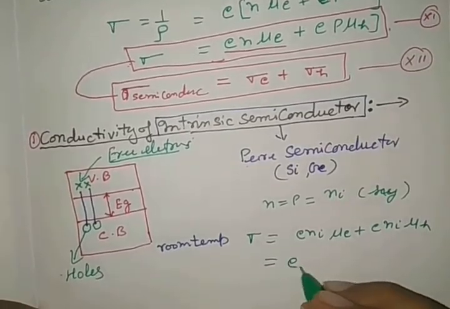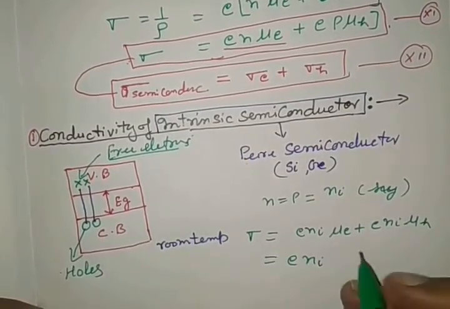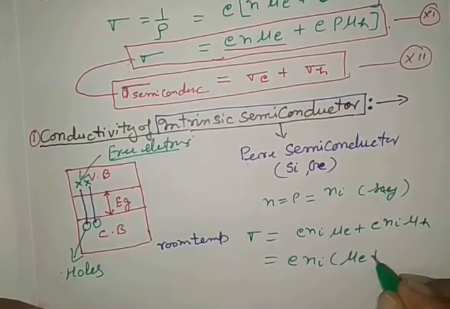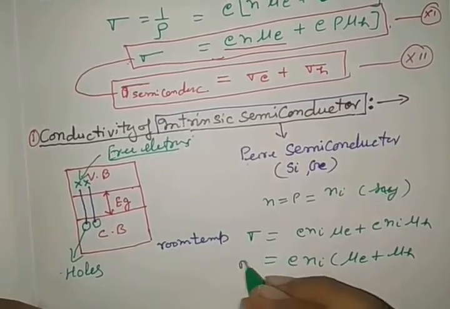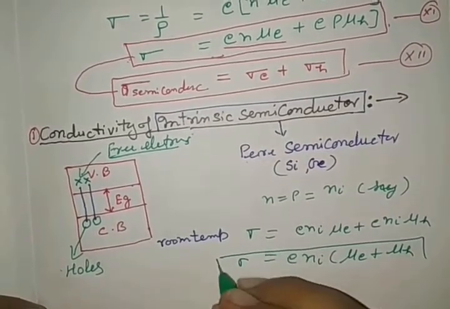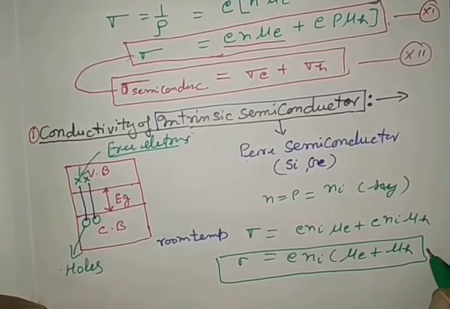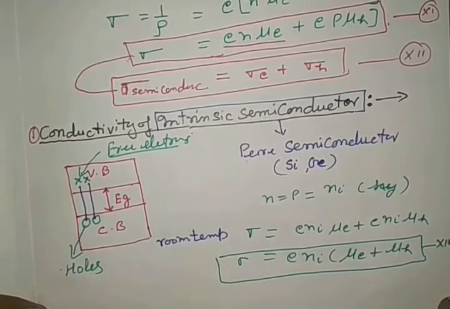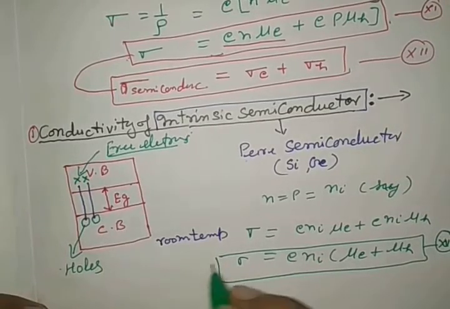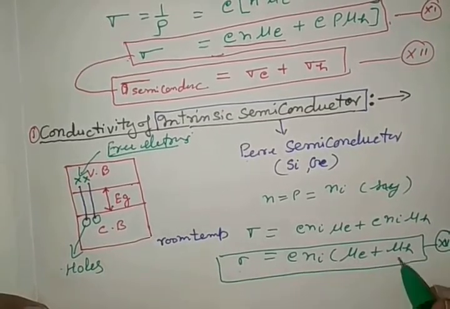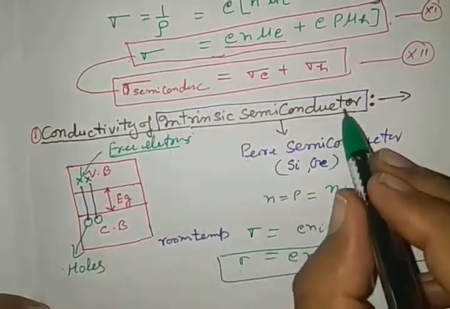The common term is e ni, so sigma equals e ni (mu e plus mu h). This is equation number 13 to obtain the conductivity of an intrinsic semiconductor.